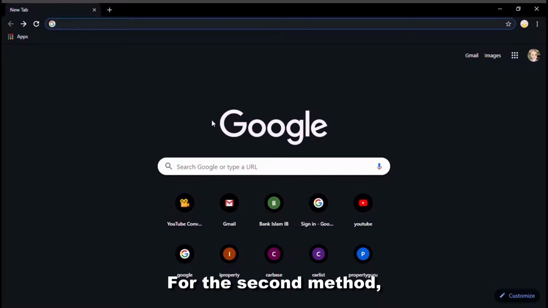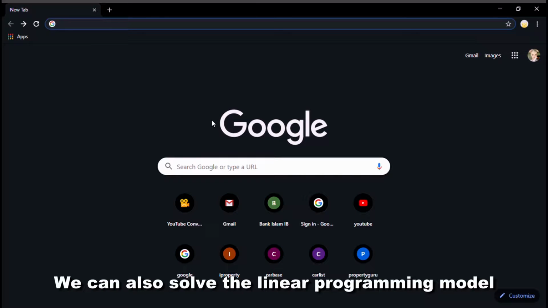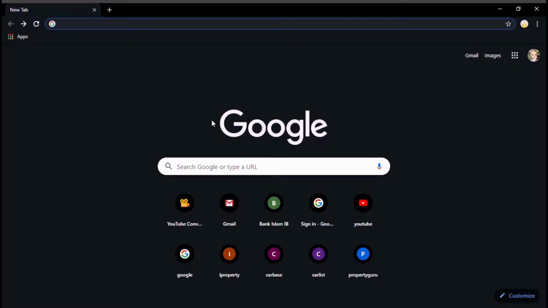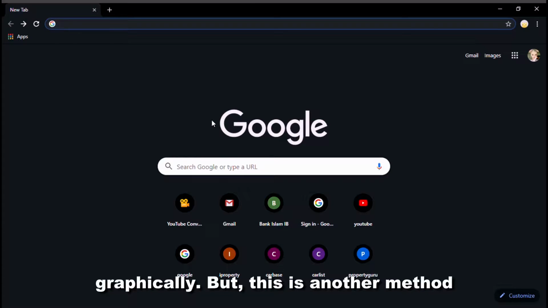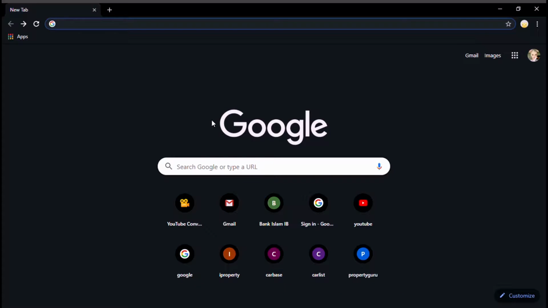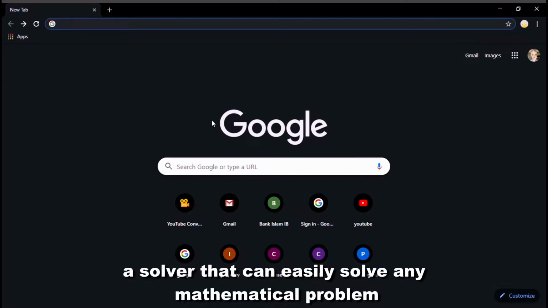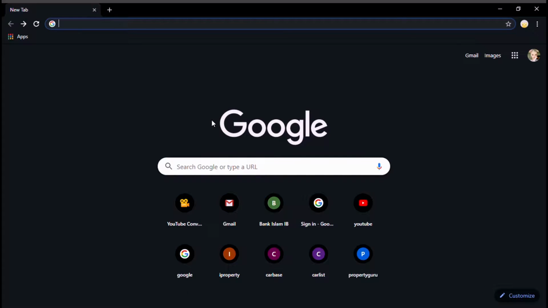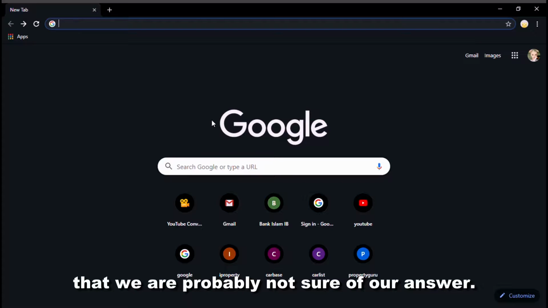Okay, for the second method, we can also solve the linear programming model graphically, but this is another method, which is by using an online solver. An online solver is a solver that can easily solve any mathematical problem that we are probably not sure of our answer.